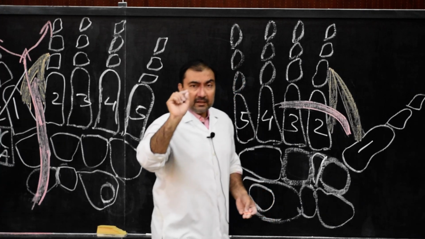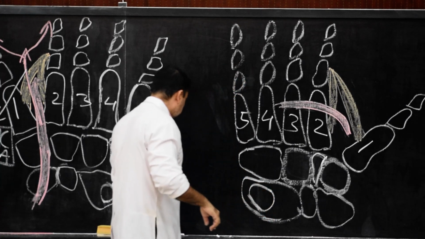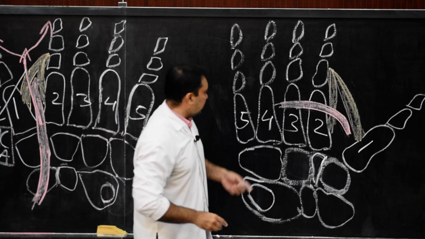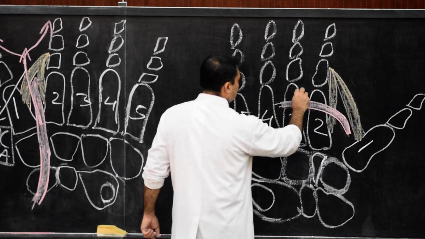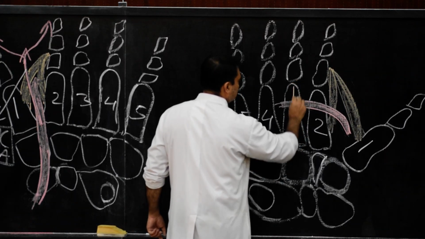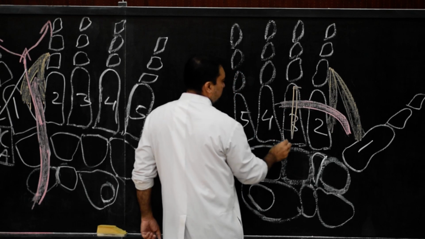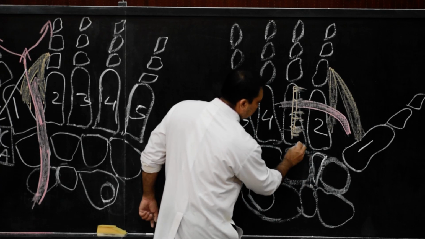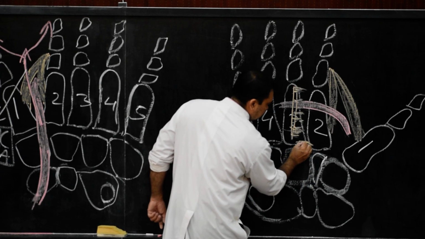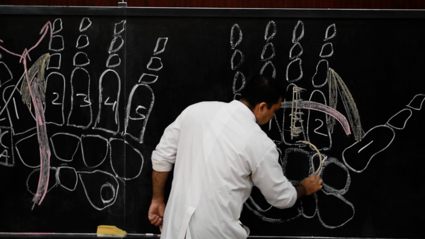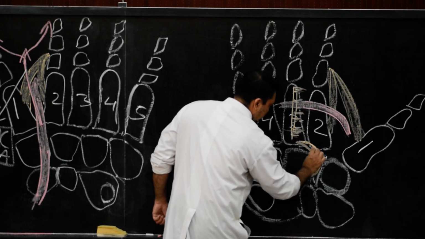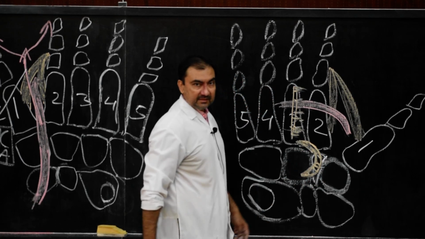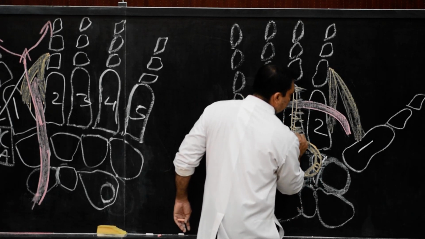Now, another muscle of the palm which we need to draw very fast, that muscle is adductor pollicis, oblique head and transverse head. We will first show the transverse head from the third metacarpal, and this transverse head will then join with the oblique head, which arises from the base of the second, third metacarpals and the trapezoid and capitate. So this is the oblique head of adductor pollicis.